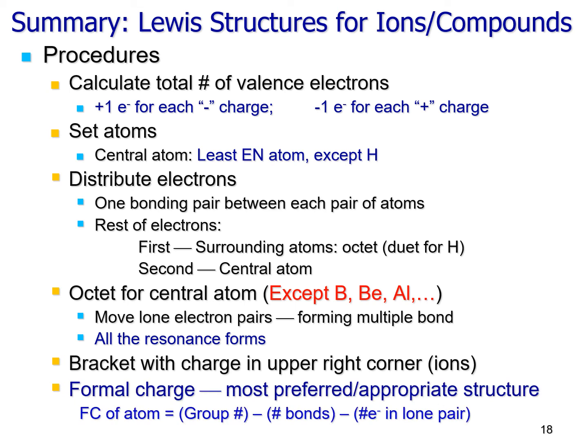And we can calculate the formal charge to find out which resonance structure is the most preferred or most appropriate structure. Now, as you can see, we got so many names for the structure that we want to pick.